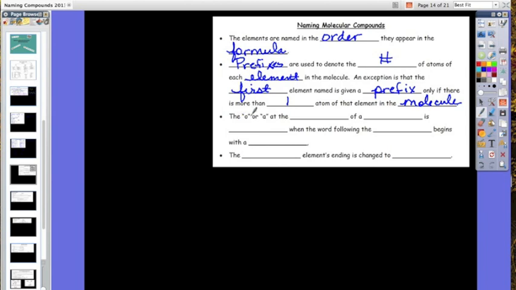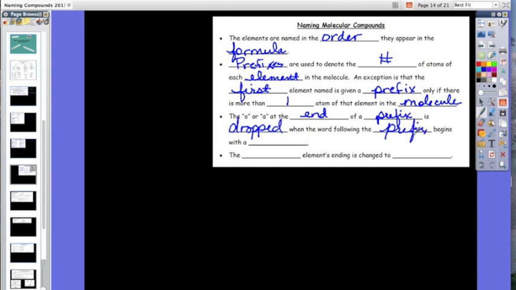In prefixes like nona and deca and hepta and penta, the O or the A at the end of a prefix is dropped. We just drop it off when the word following the prefix starts with a vowel.